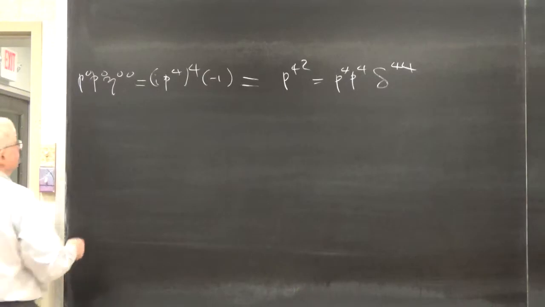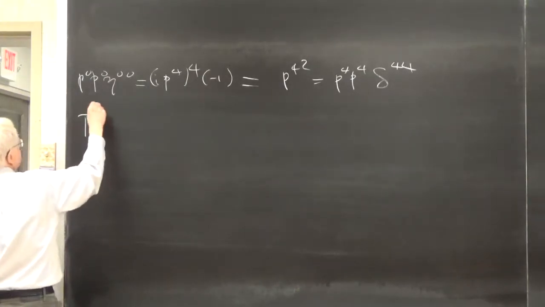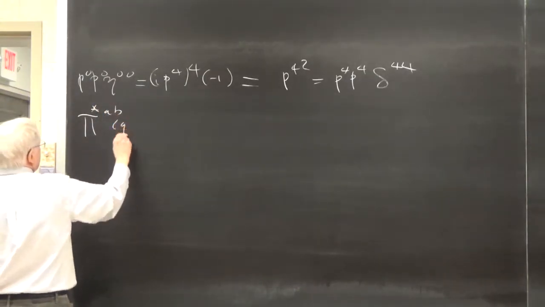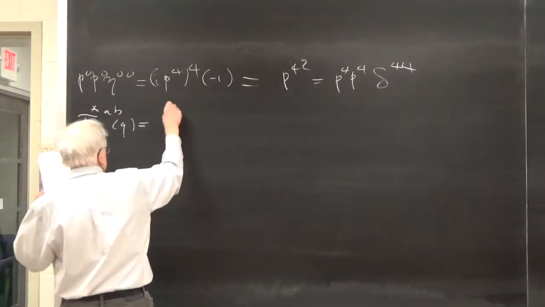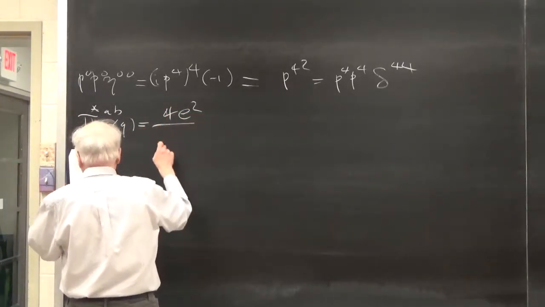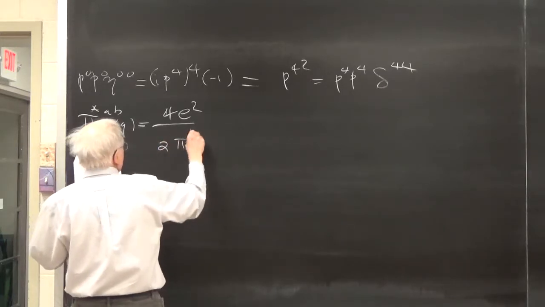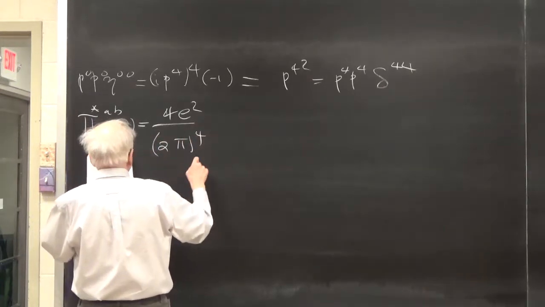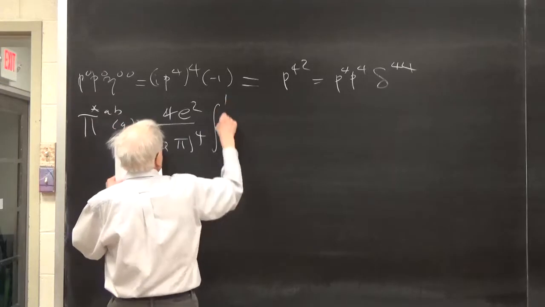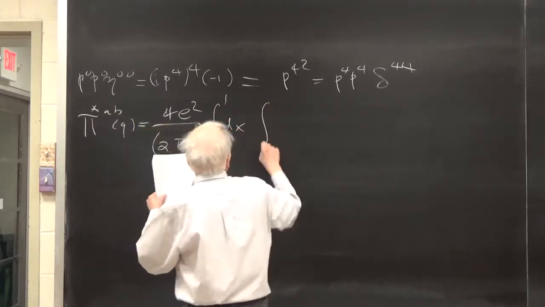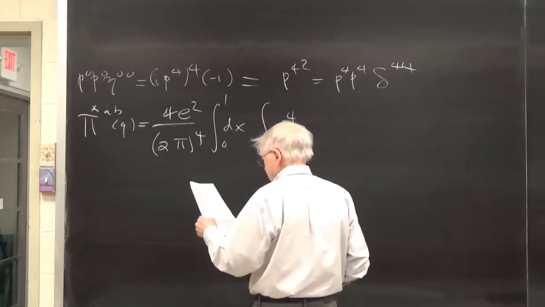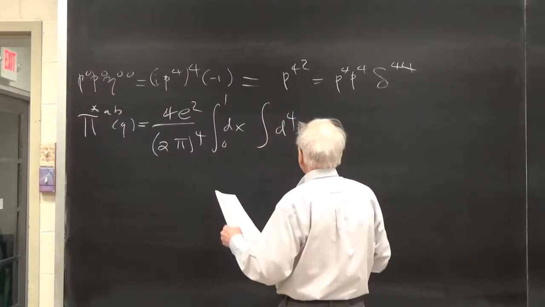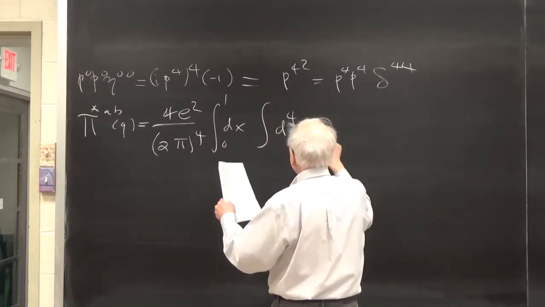And we then have pi star AB of Q equal to 4e squared over (2 pi) to the 4th, integral 0 to 1 dx, integral d4p, now Euclidean p, so maybe I should put an E there.